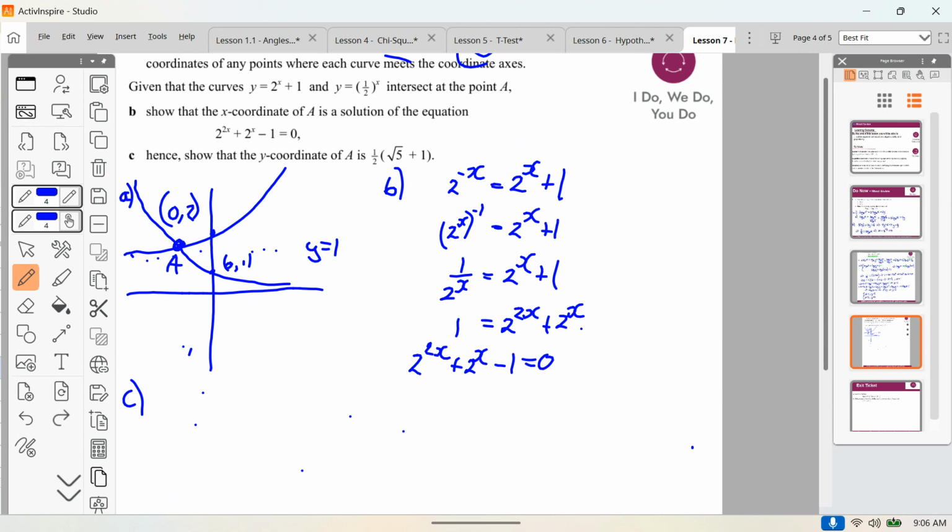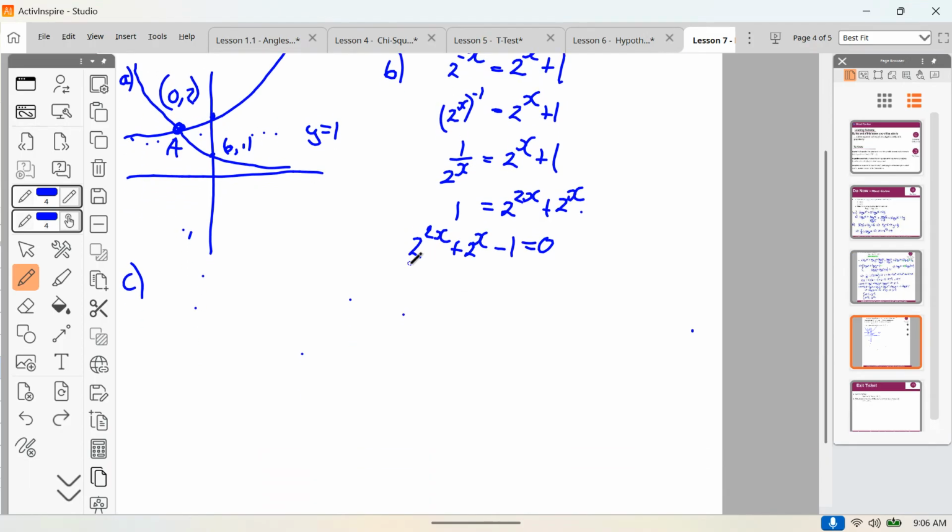I need to get a numerical solution, so I'm going to have a go at solving this equation here. I'm going to let t equal 2 to the x. Therefore, t squared plus t minus 1 equals 0. That's going to have all sorts of nasty solutions.